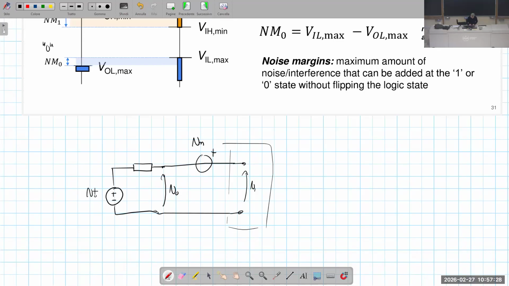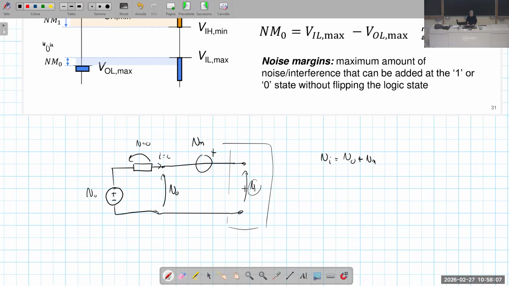When we are in this case, we have that VI, the input of the receiver, the input of the gate, is actually the output of the transmitting gate, plus, if the current here is zero, the voltage drop here is also zero. So this is not a problem. But we may have this noise voltage source which is added. So actually VI, the input of the gate, is the output.